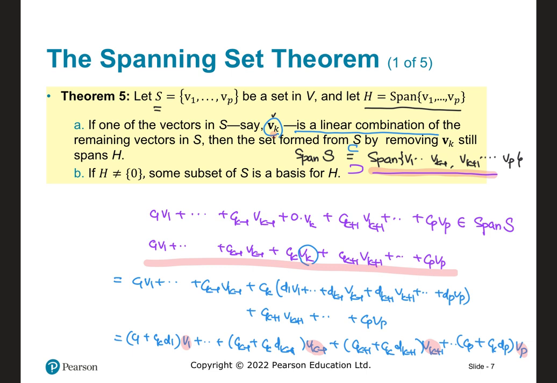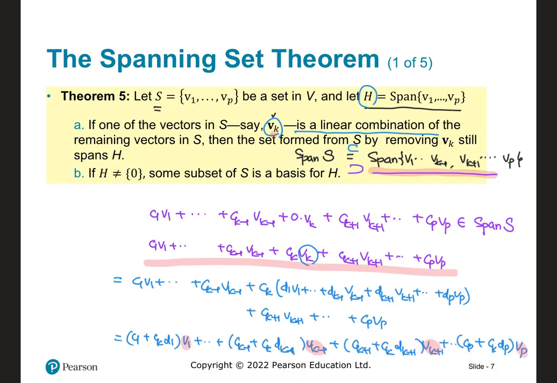Now, given some set of vectors, and H is the span of those p vectors, if there is any redundancy, based on statement A, I can remove that vector. Then the span of the remaining vectors will still be the same. In other words, the remaining vectors will still generate H space.